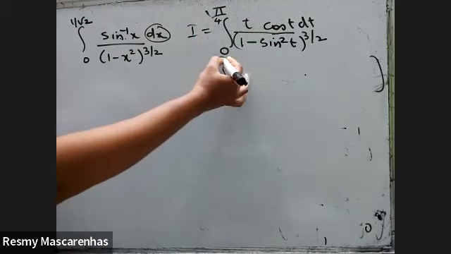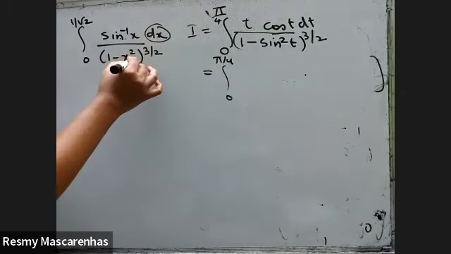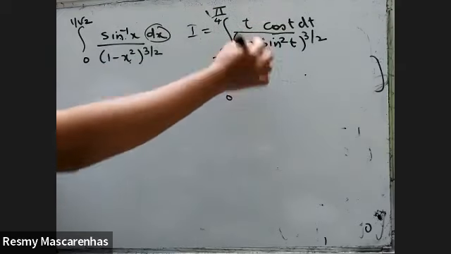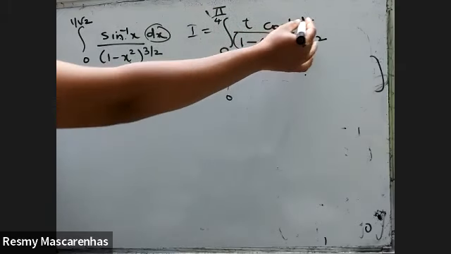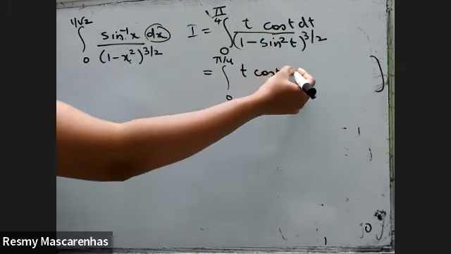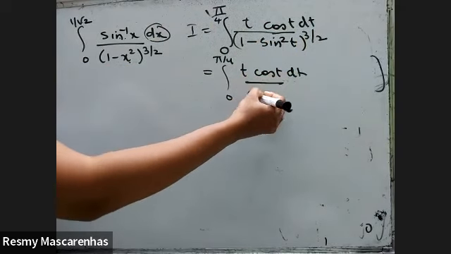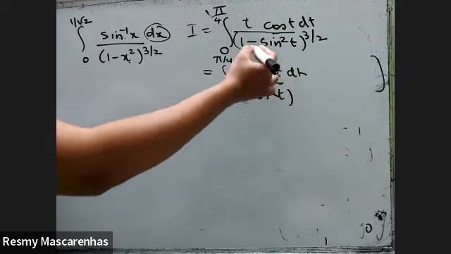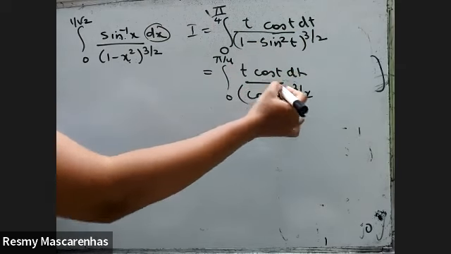So this will be 0 to pi by 4 because x was sine t. So this will become sine square t. And dx will be this. So this is cos t dt. This will be cos cube, cos square t raised to 3 by 2. Now this will cancel.